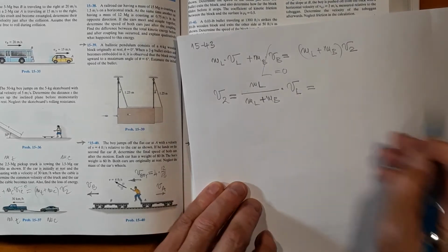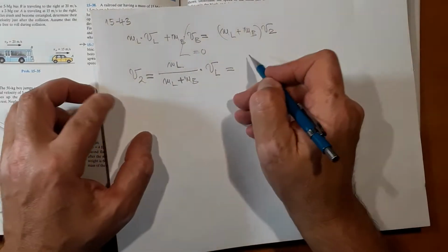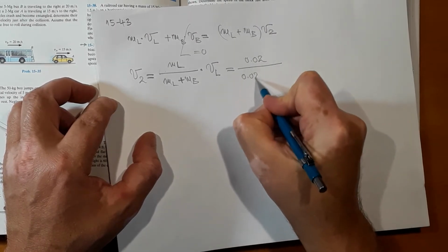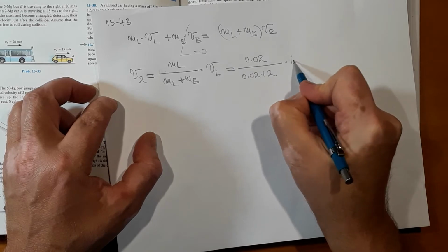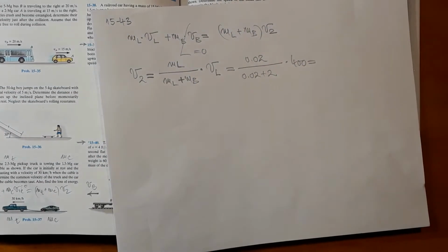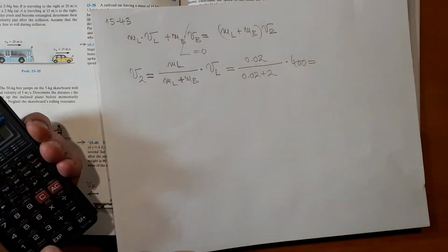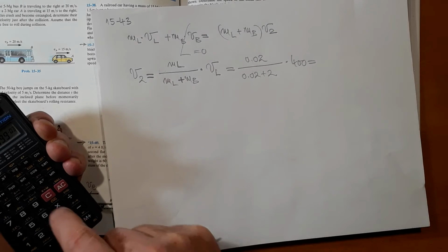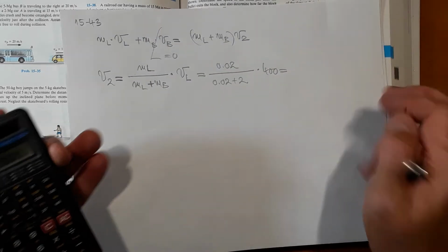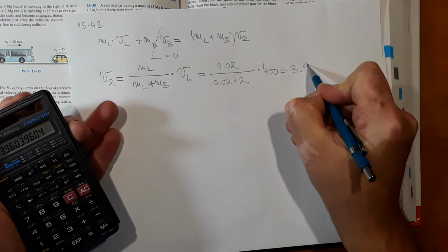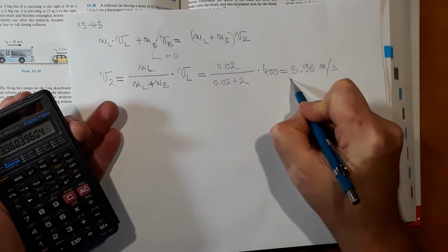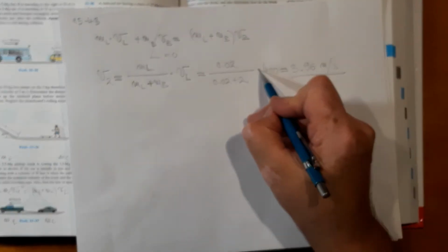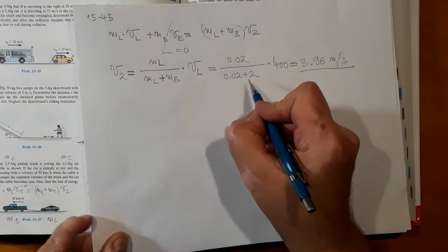Okay, so we have 0.02 kilograms over 0.02 plus 2 kilograms times 400, and numbers are 0.02 over 2.02 times 400 equals 3.96 meters per second. So this is the velocity of the bullet in the block right after impact.